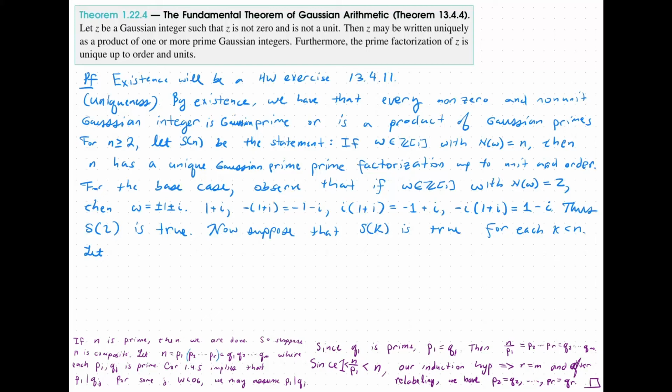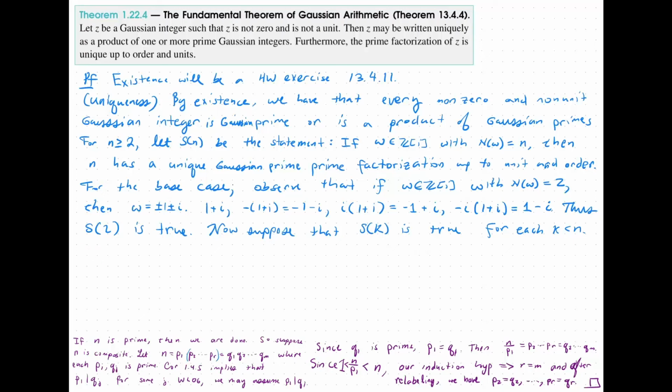If that were the case, then the statement is still true, because if we did not have a Gaussian integer whose norm was equal to n, then the statement will still remain true. And so we're going to break this up into several cases.